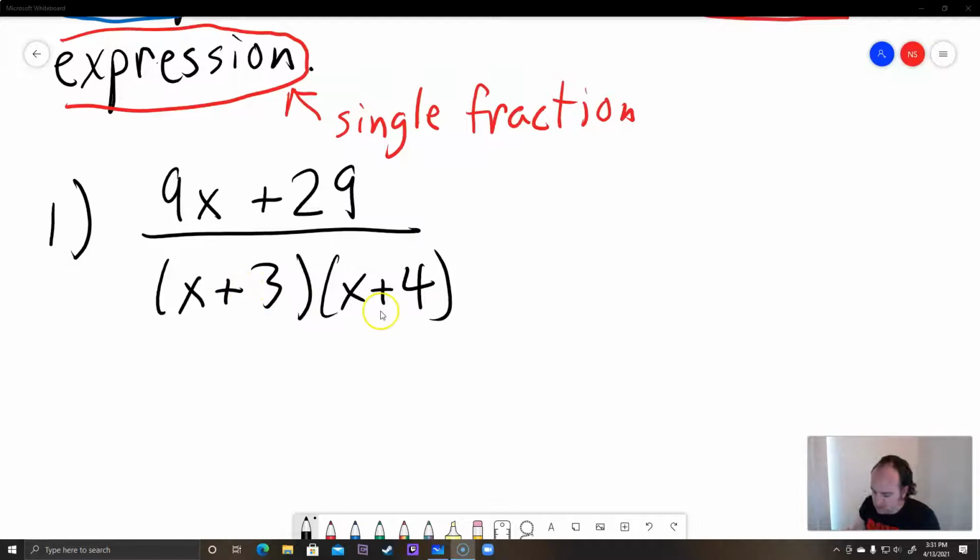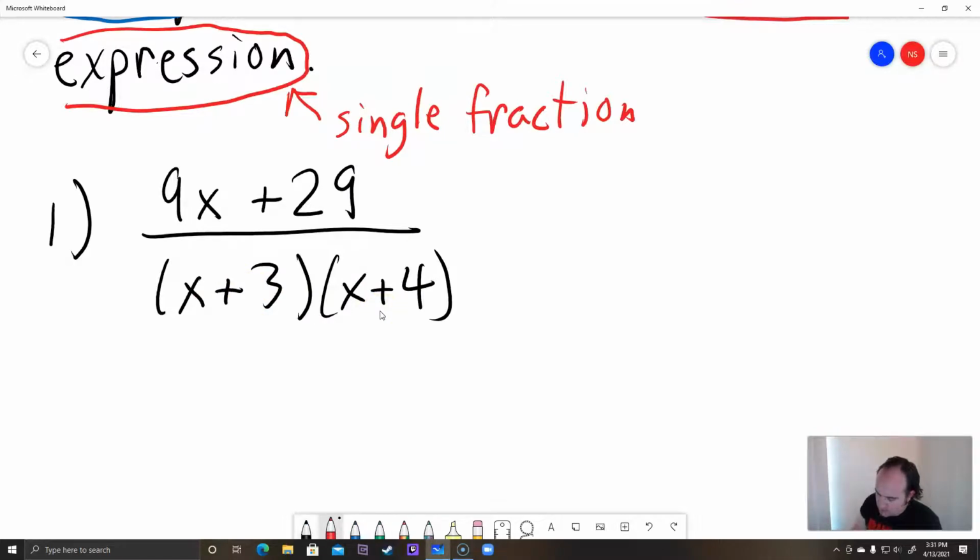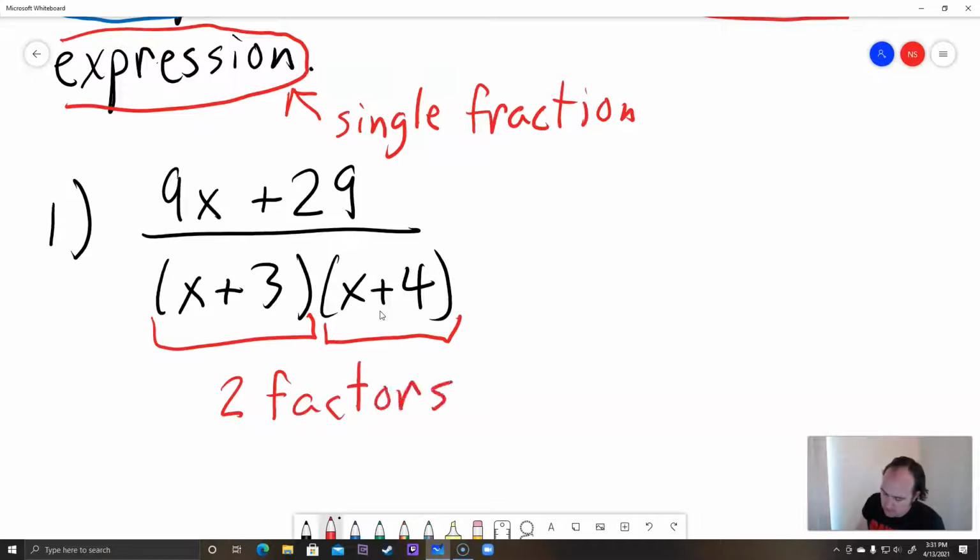Looking at this denominator, we can see we have 2 distinct factors. When I say distinct, they're different. So x plus 3 and x plus 4 are different factors.